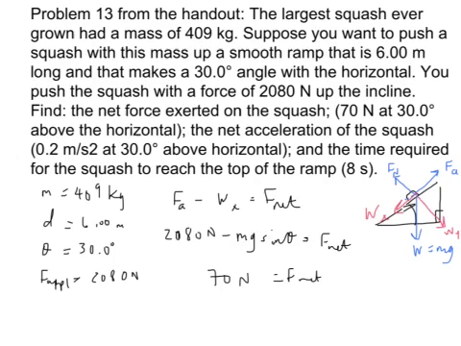The next step of finding the acceleration is very straightforward because we use the equation F net equals ma. So we can find a by taking F net, which is 70, and dividing by the mass, which we were given, 409 kg. Again, this should be the unrounded value, not actually 70 here.